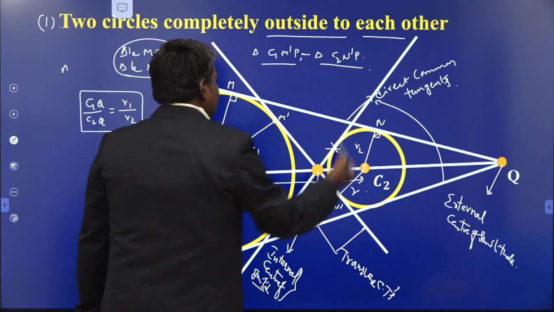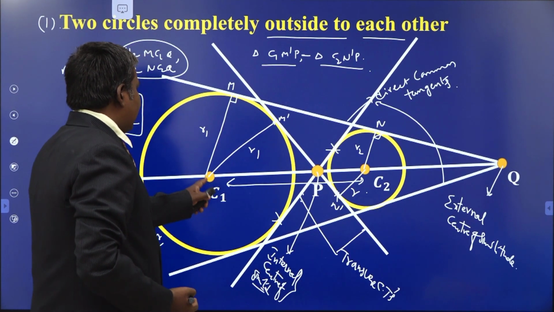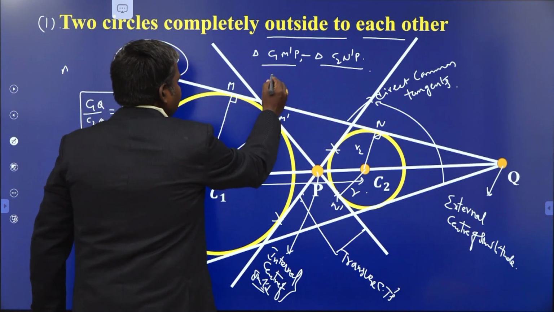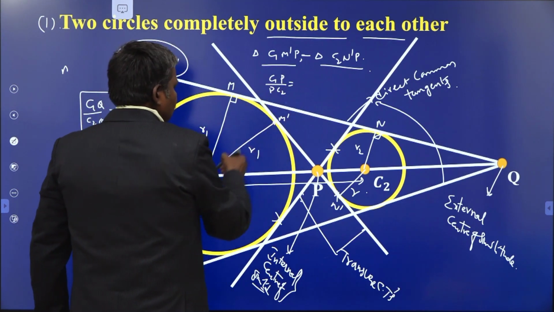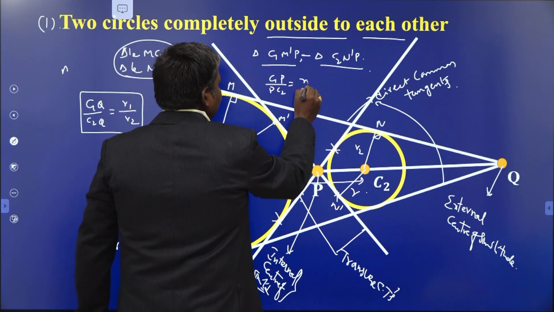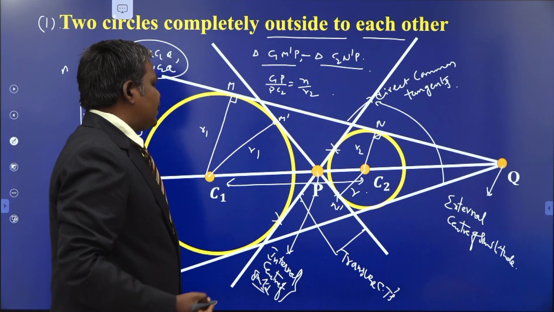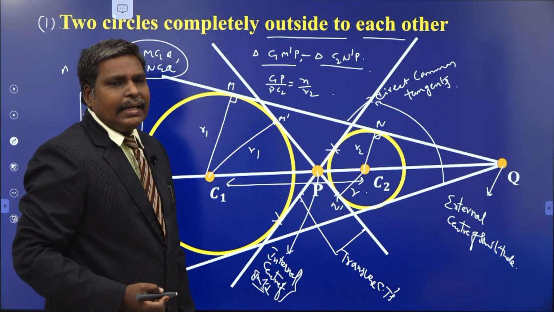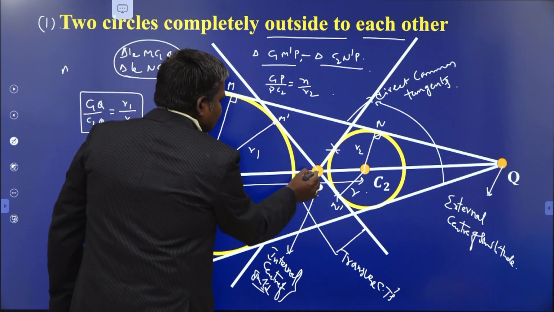From that similarity, we can conclude that C1P by PC2 is equal to R1 by R2. Therefore, P divides the line segment C1C2 in the ratio R1 is to R2 internally.